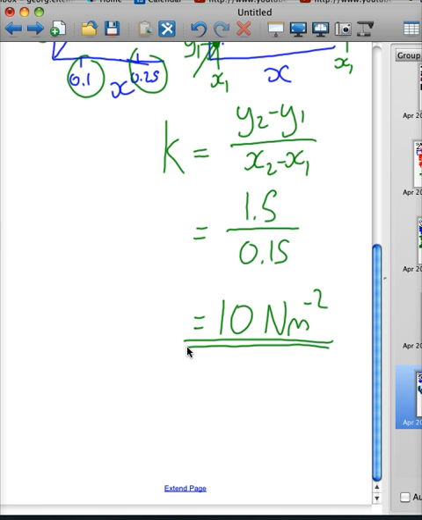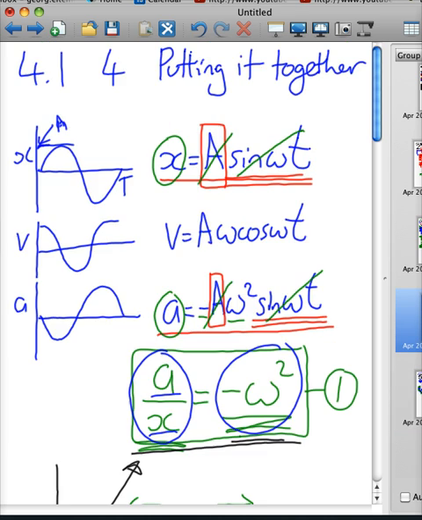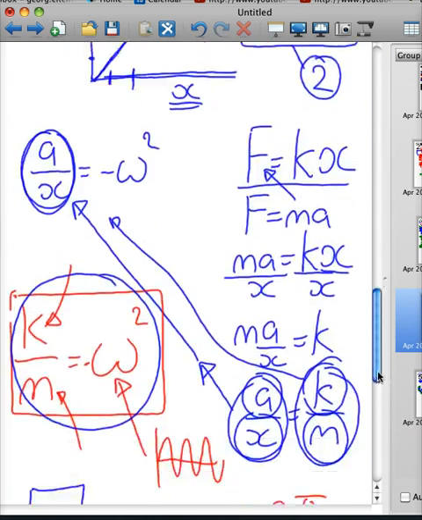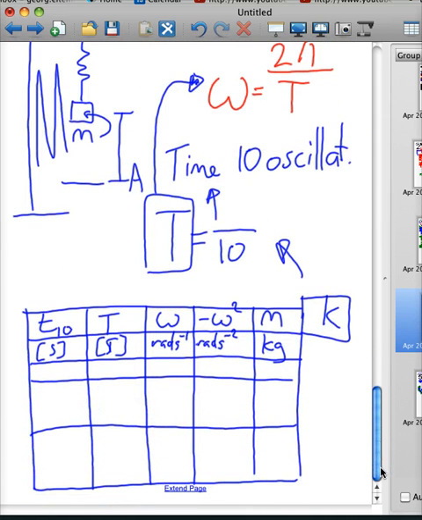Now for whatever spring you've used in class, let's go back for a second and look at our thing from last time. This is from the notes before, we set up this table. So if you have a certain spring mass system here, you work out the time, the period, the angular frequency squared for that mass.